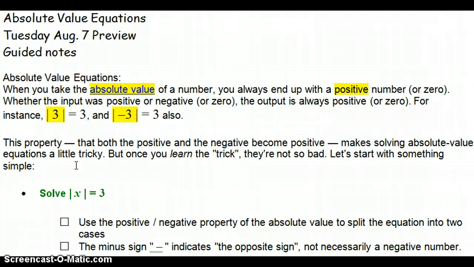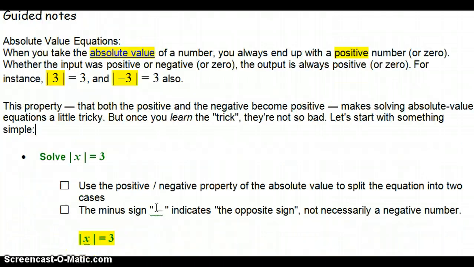So, solve the absolute value of x if it equals 3. What we're going to do here is use the positive or negative property of the absolute value to split the equation into two cases. We're going to do that down here.